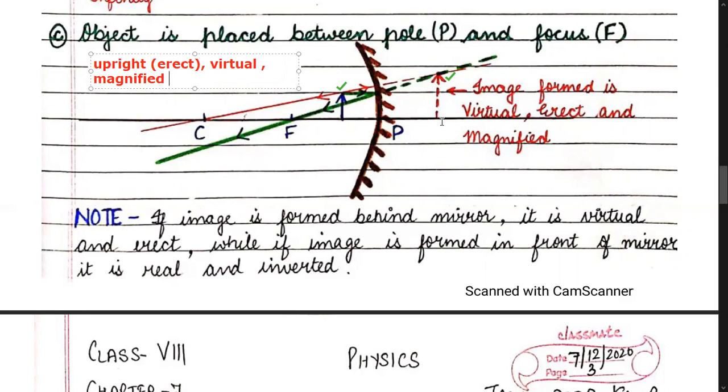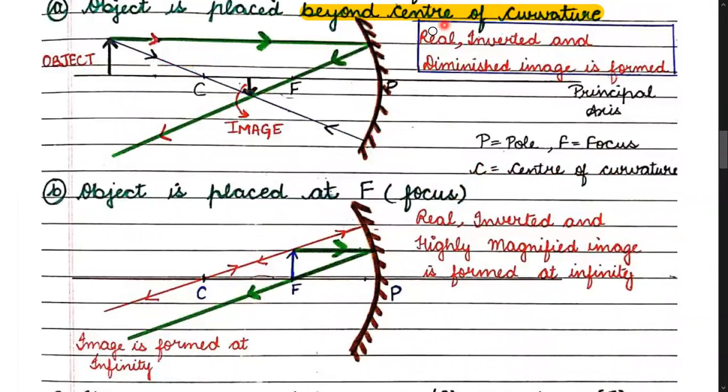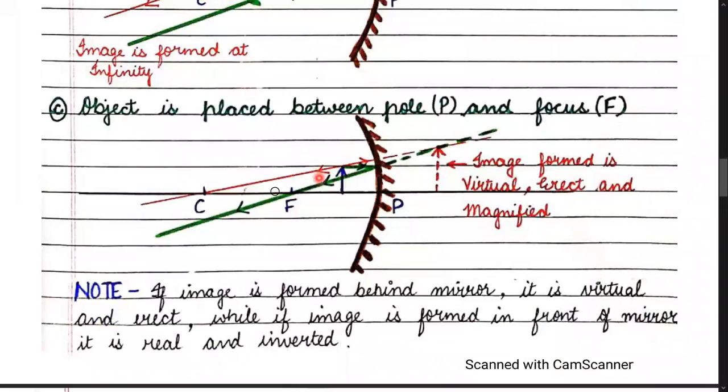So students, a virtual image is always drawn dotted. See the mirror, the image drawn behind the mirror, I have drawn it dotted. So this is a rule also, that a virtual image is always shown dotted, while a real image is always shown with a solid line as shown in case A. Since the image was real, it is shown with a solid line, while in case of a virtual image, it is shown in dotted form.